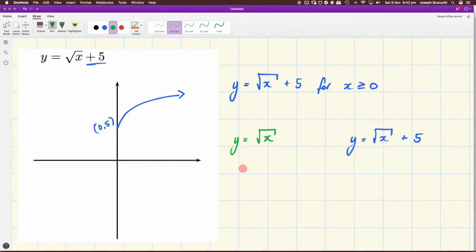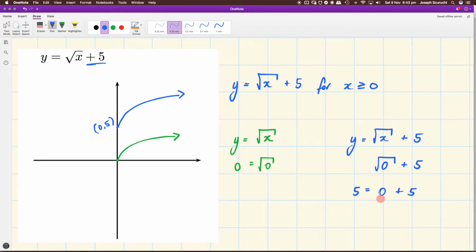Let's see what happens when I put 0 into it. So if I let x equal 0 here, I'm going to get the square root of 0, and I'm going to get 0 out. So that means my starting point is going to be there, and it's going to go up. But if I was to put 0 into this one, I would have 0, the square root, plus 5. The square root of 0 is 0, plus 5 is going to equal 5.